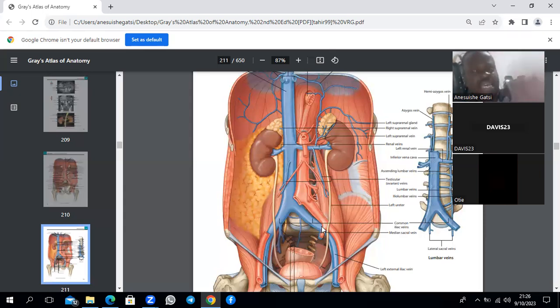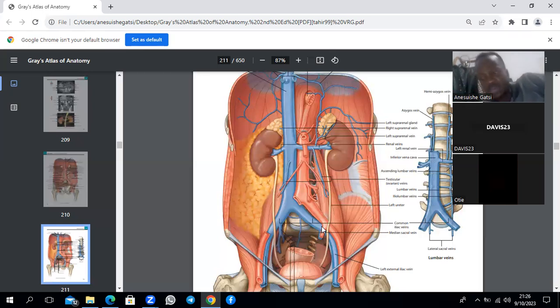This ureter is a highly muscular organ because it has to allow for peristaltic movements of urine, so that urine can move within the ureter.